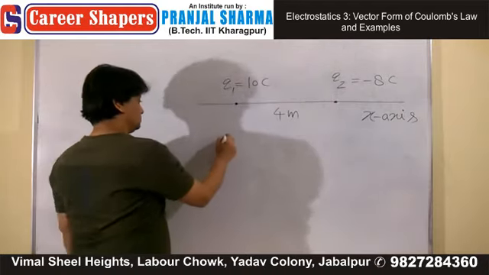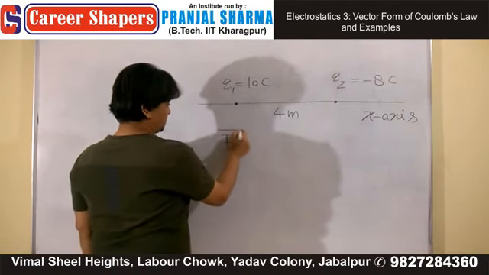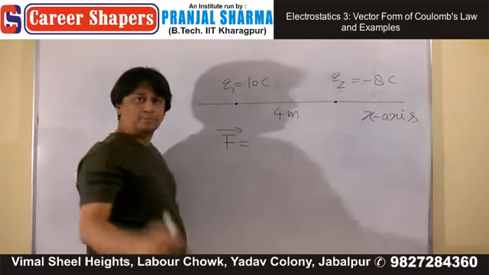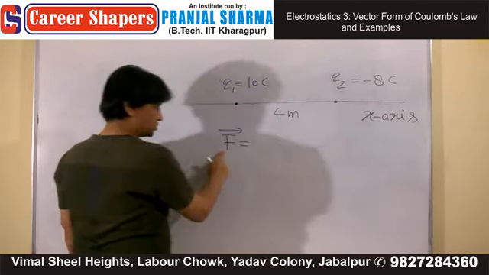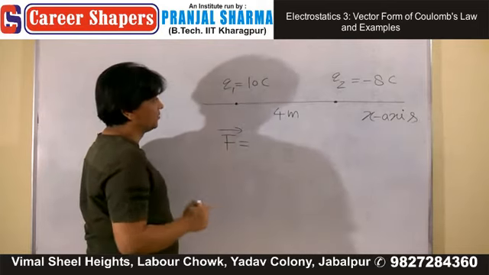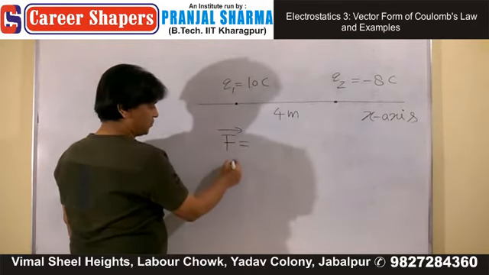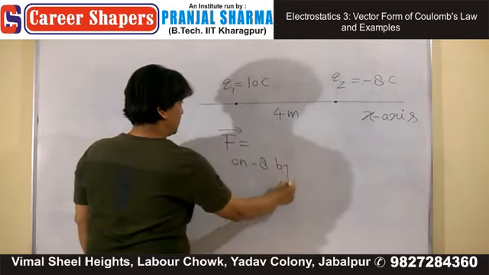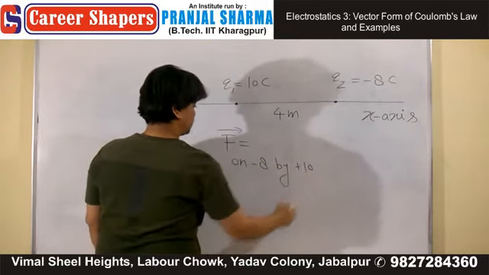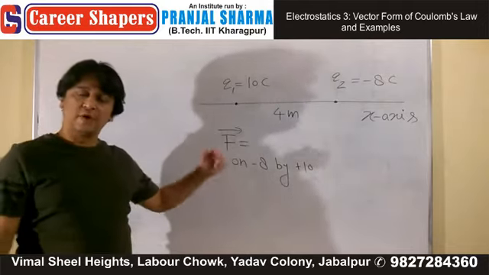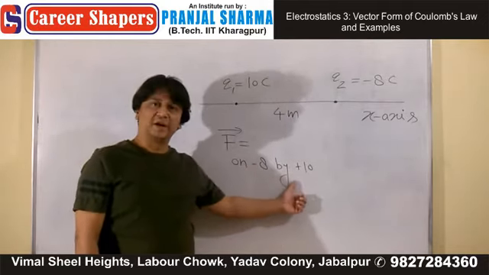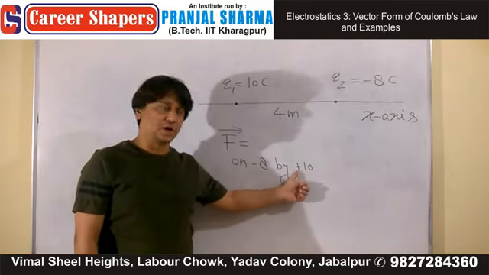Now before I start solving this, answer this question and give me your answer in the comment box. I need force on -8 by +10. Find out the force on the -8 coulomb charge coming from the +10 coulomb charge.